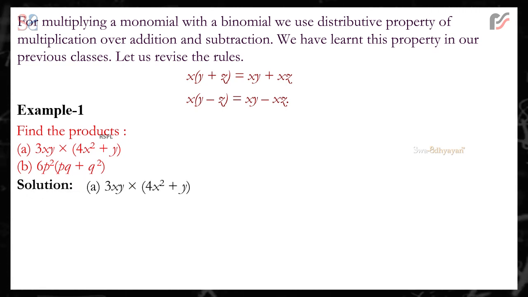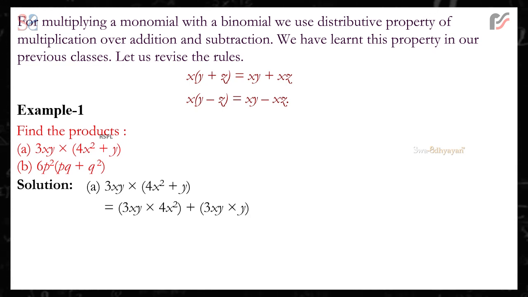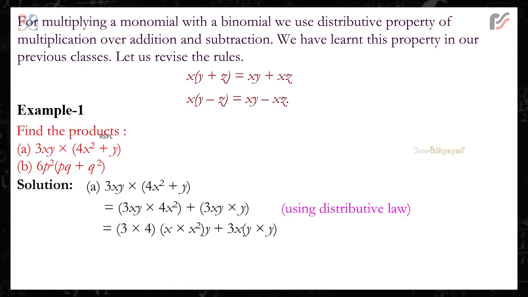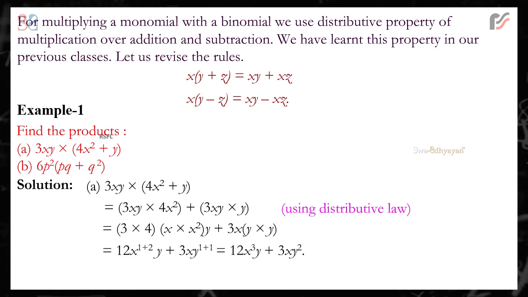Solution: a. 3xy into (4x square plus y) is equal to (3xy into 4x square) plus (3xy into y), using distributive law, which is equal to (3 into 4) into (x into x square) into y plus 3x into (y into y), which is equal to 12x raised to the power 1 plus 2, y plus 3xy raised to the power 1 plus 1, which is equal to 12x raised to the power 3 y plus 3xy raised to the power 2.